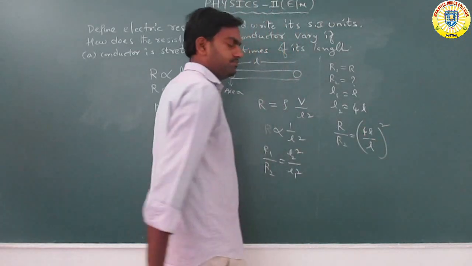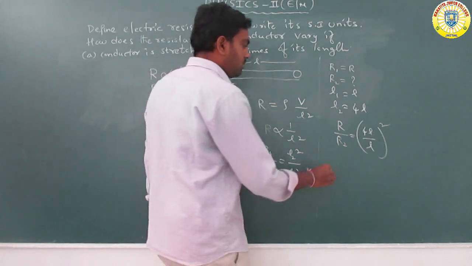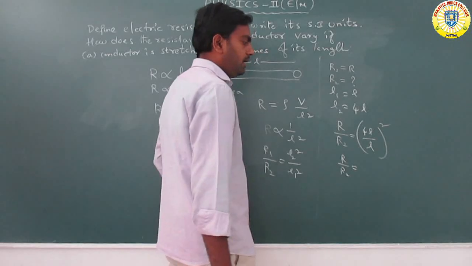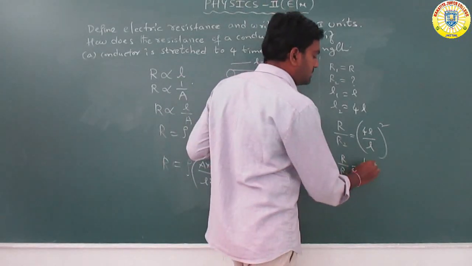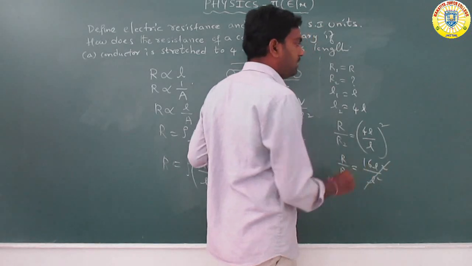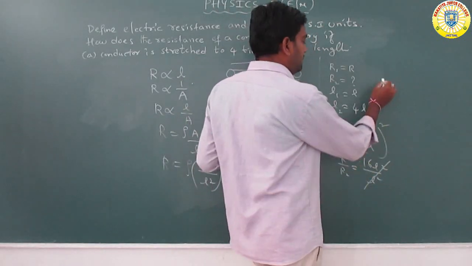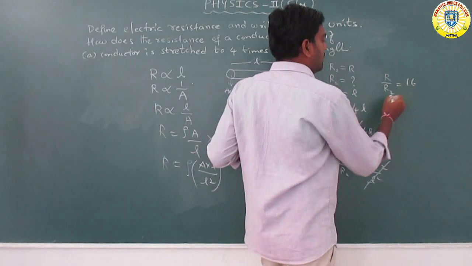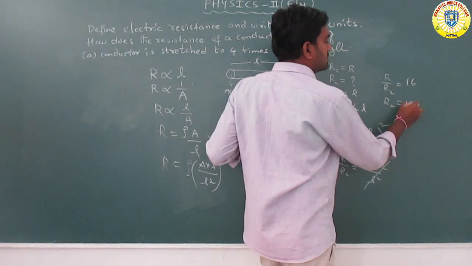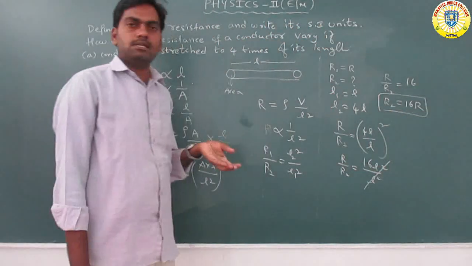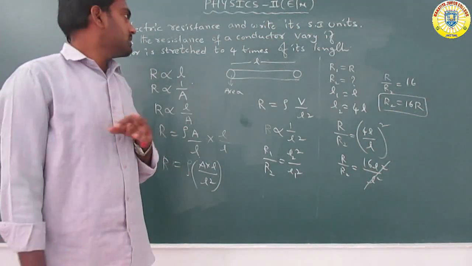So R by R2 is equal to 16L square by L square. L square cancels, so the remaining equation is R by R2 is equal to 16. So R2 is equal to 16 into R. So the resistance is increased 16 times.